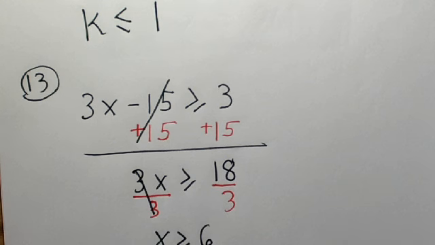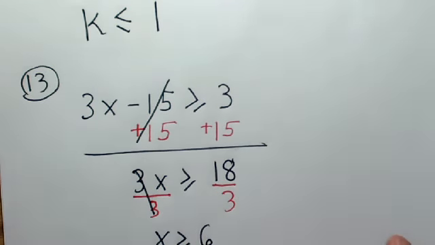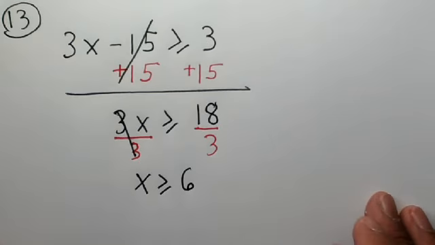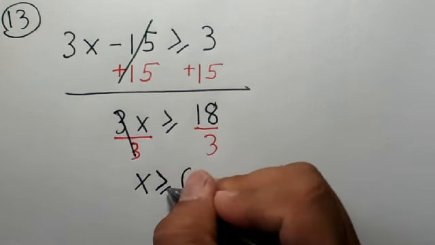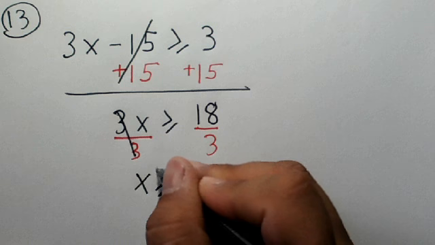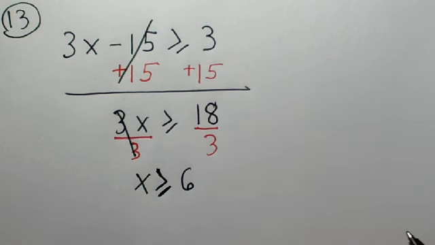Which is a number that's greater than or equal to 6? It would be letter D, right? Y'all see that? Just remember, this is greater than or equal to. Is that clear?